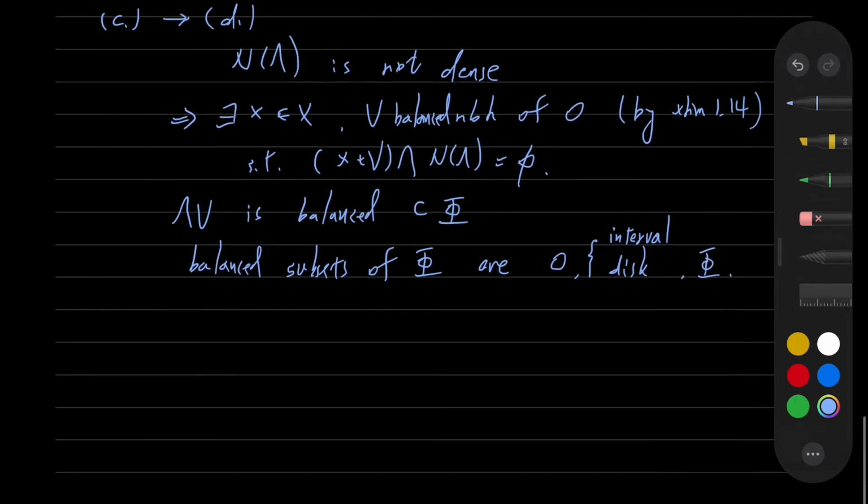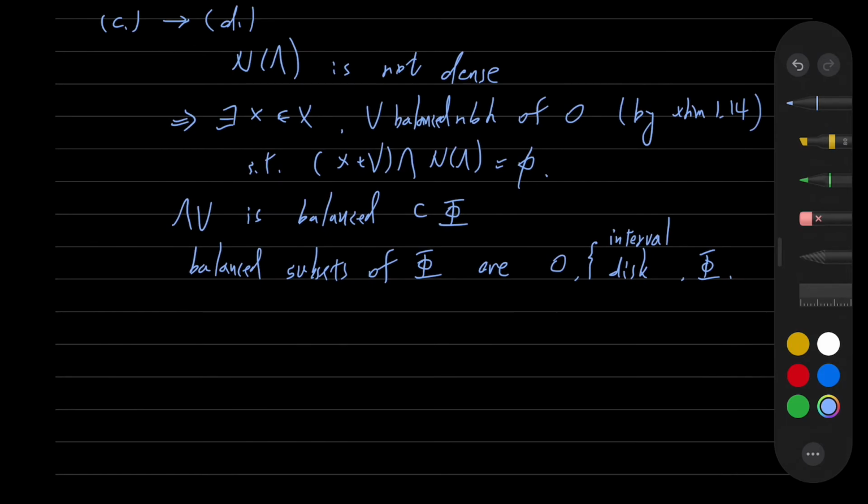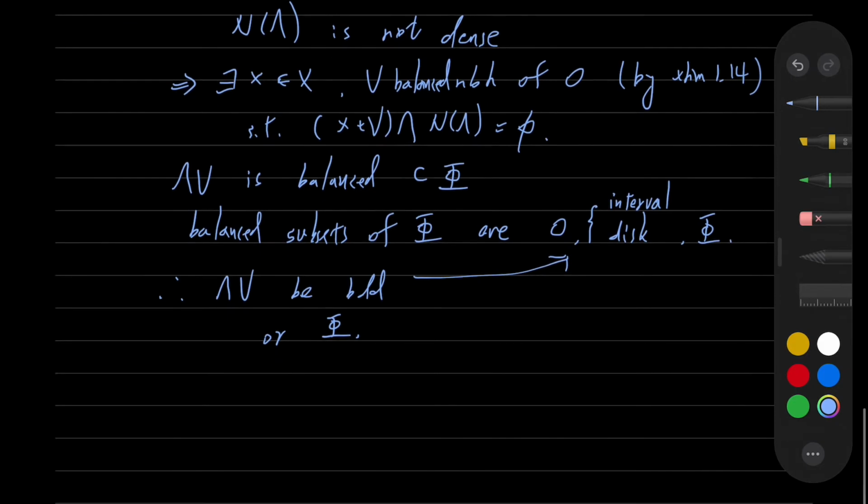We discussed this before. Because it is non-empty, this must be bounded, or it must be the whole space.